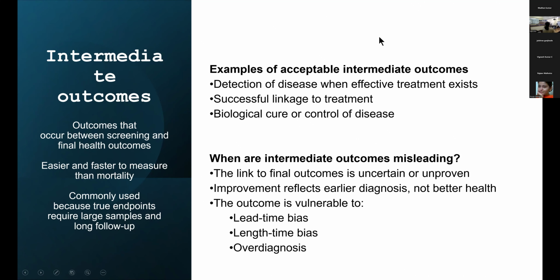Those are all reasonable outcomes in the context of hepatitis C, even in TB, because there is TB treatment. And we can look at how many started ATT or how many completed ATT. That would still be a good outcome.